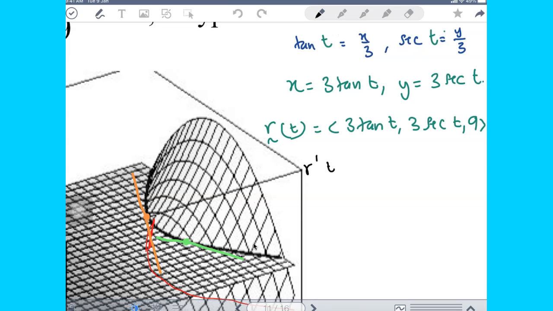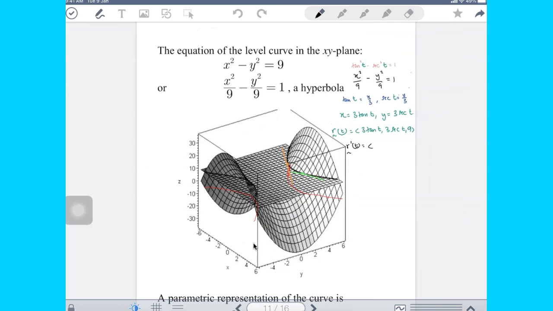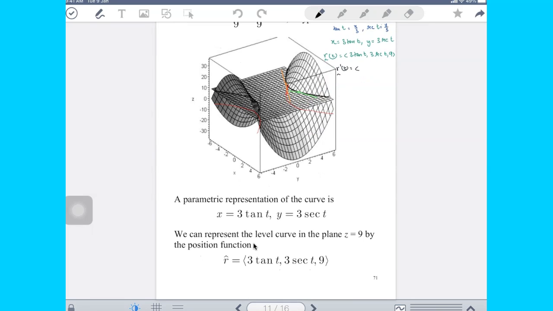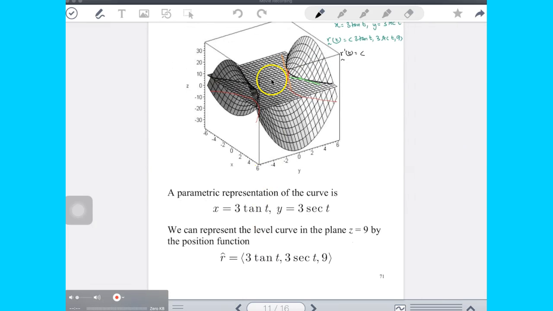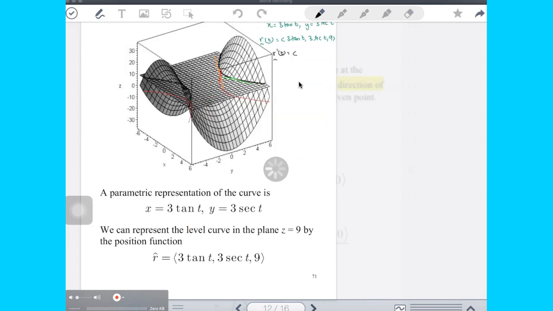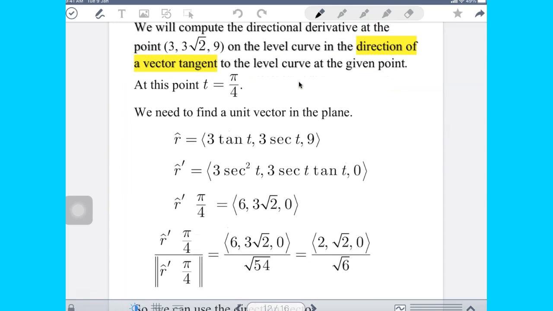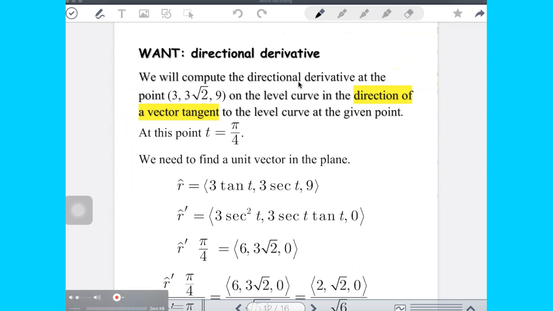So r prime t, then we have to differentiate. You can refer to the notes. This is the vector function of the hyperbolic curve that we have. Now we want to obtain the directional derivative of the hyperbolic curve at the given point.